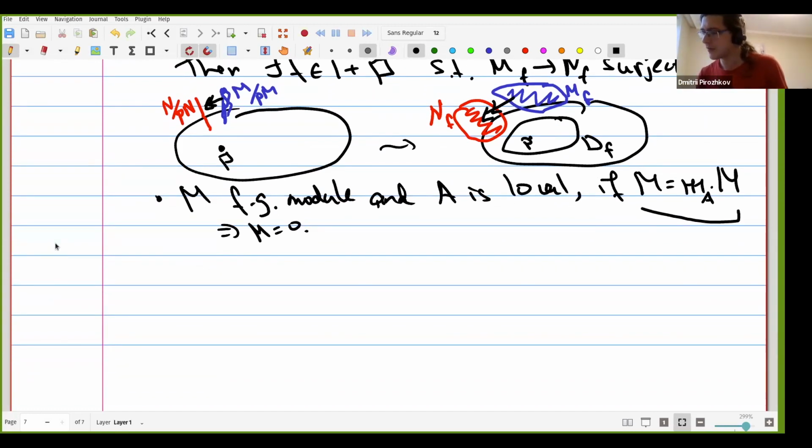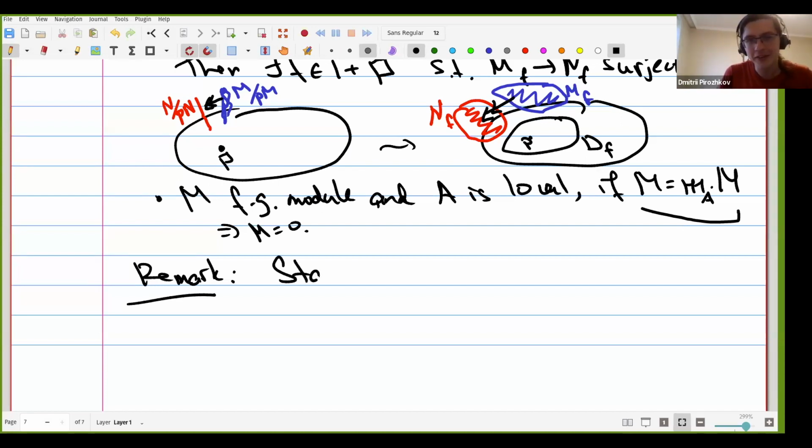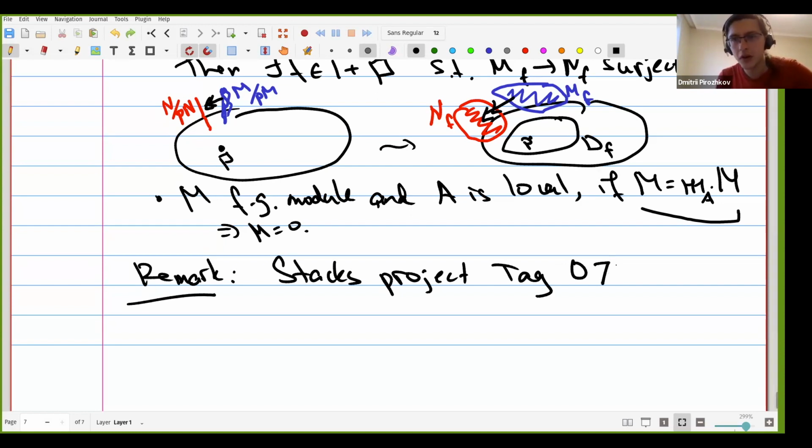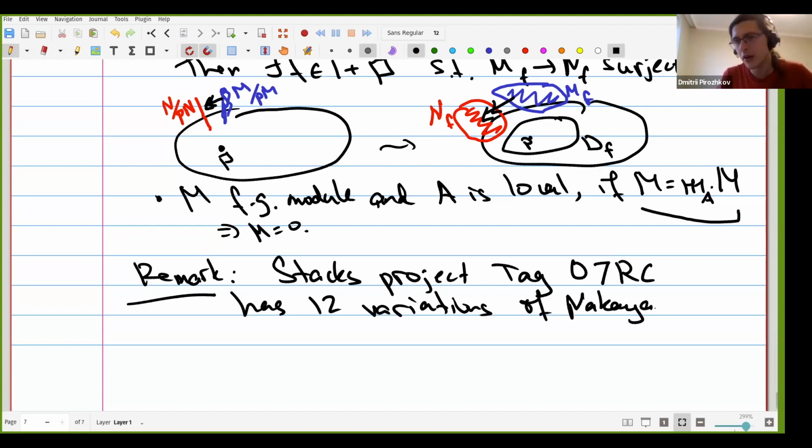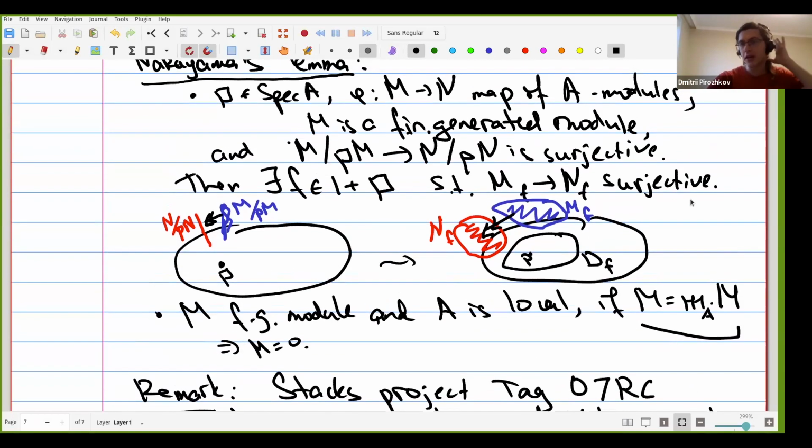Note that actually it's kind of a remark which I found a little bit funny, that if you look at the Stacks Project tag 07RC, it has 12 variations of Nakayama's lemma, including both of those that I have mentioned here.